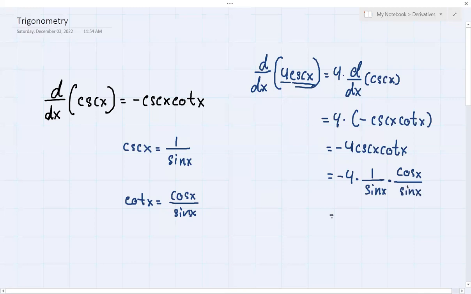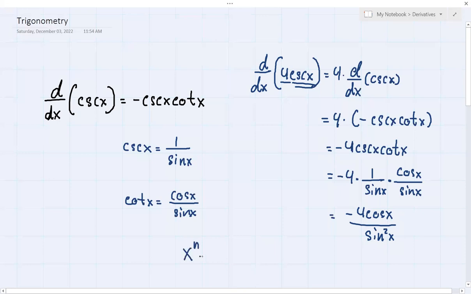So, now, let's multiply these three terms together. So, pag i-multiply natin ito magkasama, we will have negative 4 times cosine x all over sine squared of x. Okay? So, kung magtaka ka, paano naging sine squared of x? Remember, parang ano lang yun sa laws of exponents.